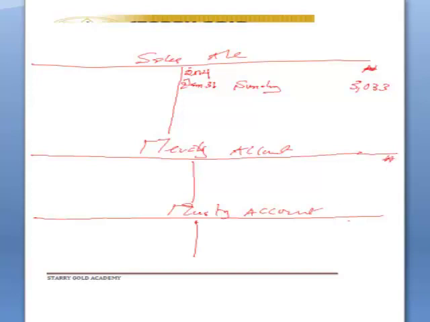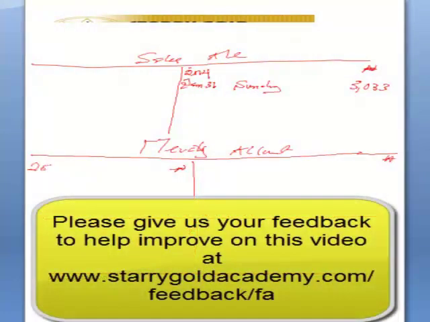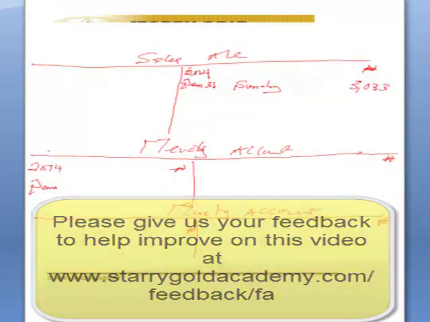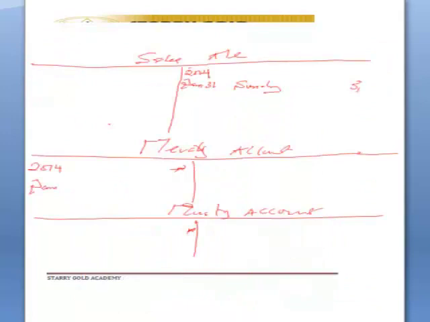We say the various customers' accounts will be debited, 2014. For Henry it is January 1st, and for Musti it is January 12th.